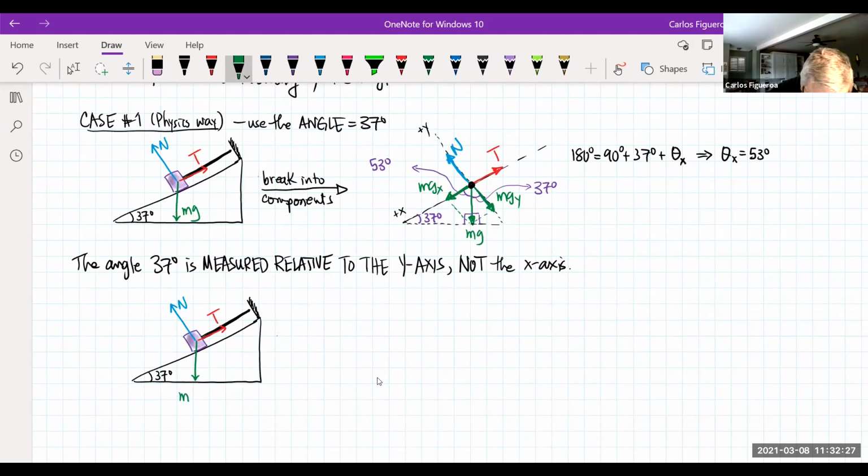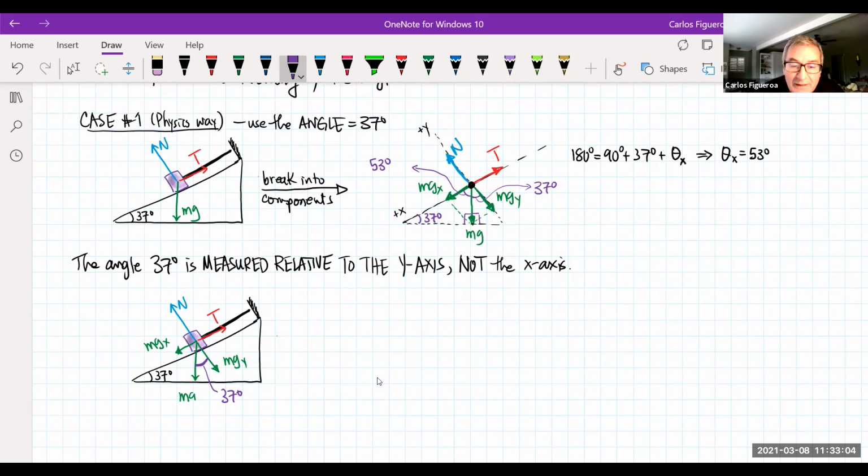They write mg, and then they say this guy is going to be mgy, and of course this is going to be mgx, but the angle of choice here is this angle, which is 37 degrees.